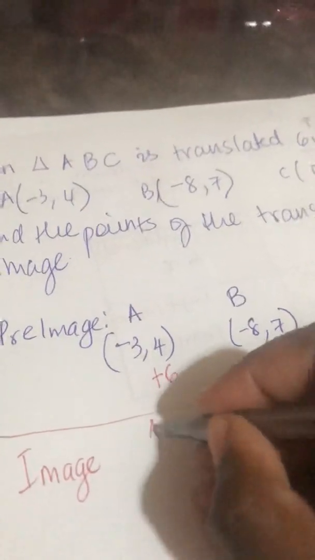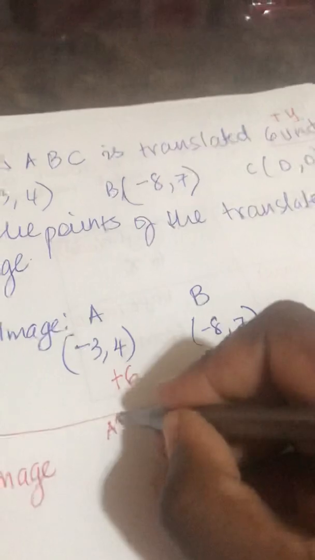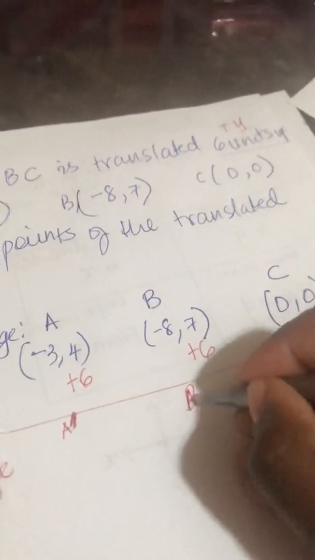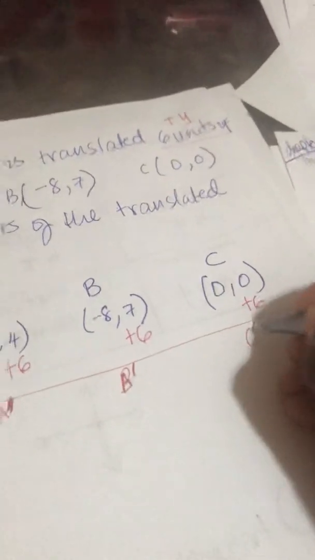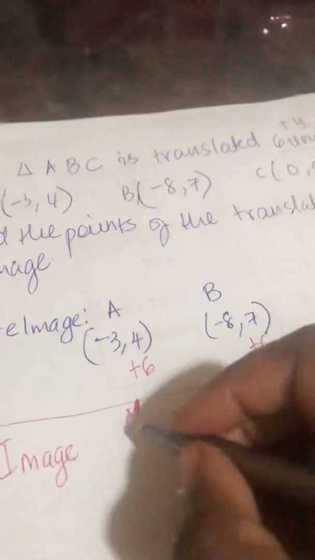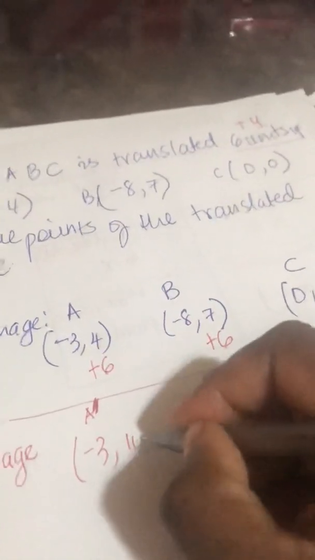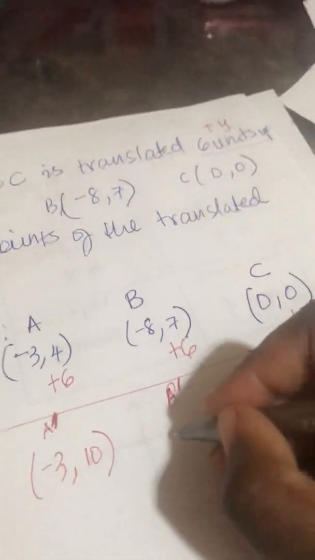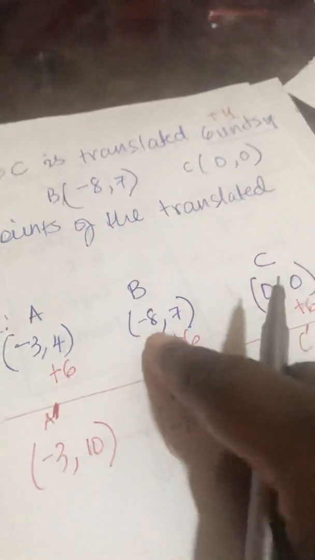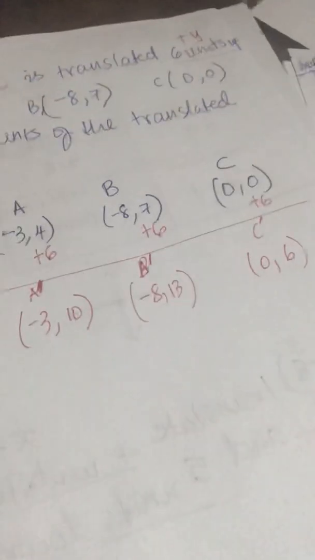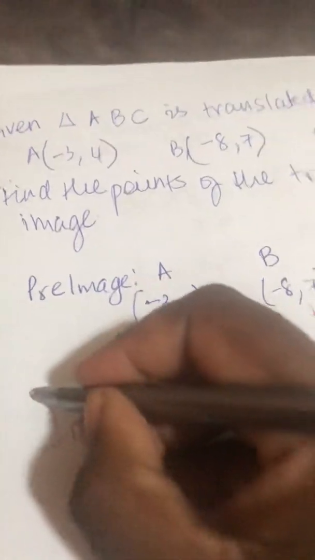So this will be A prime, B prime, and C prime. Negative 3 remains because there's nothing. 4 plus 6 is 10. Negative 8 remains because there's nothing here. 7 plus 6 is 13. And this will be 0, 6. Okay? And this is your answer.